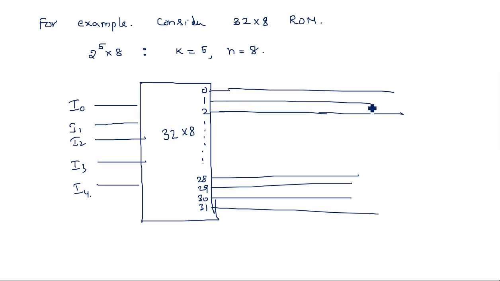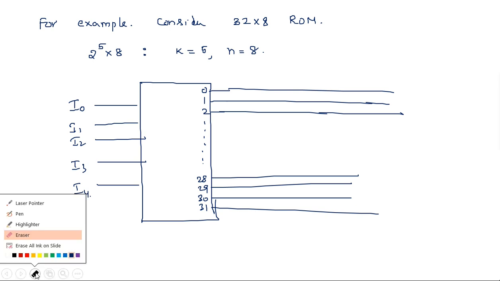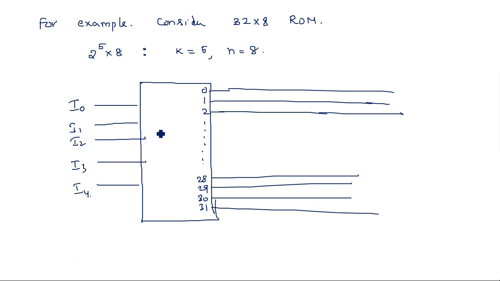We should not show 8 here. The first block in the ROM is a decoder, a 5 to 32 decoder.